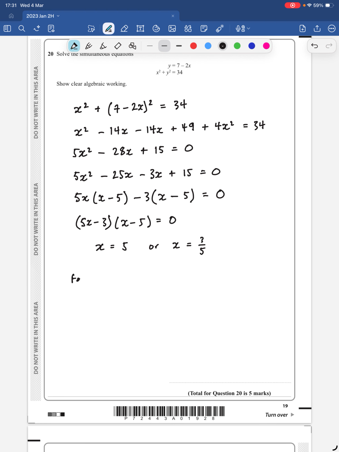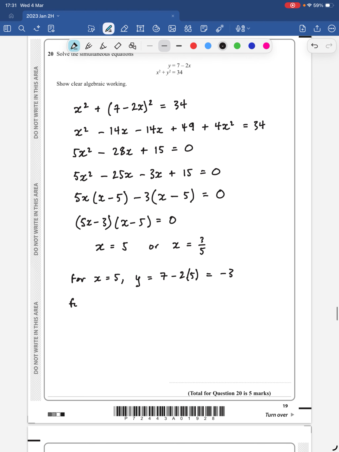So I'm going to say for x equals 5, y equals 7 minus 2 times 5. That's supposed to be a bracket. And that is minus 3.